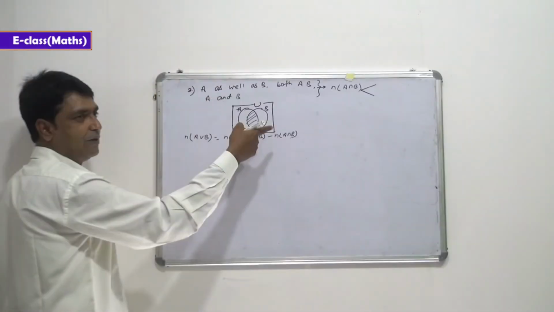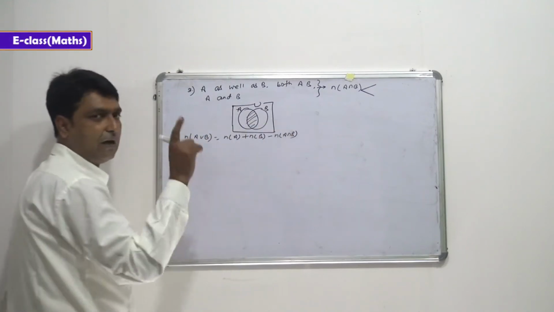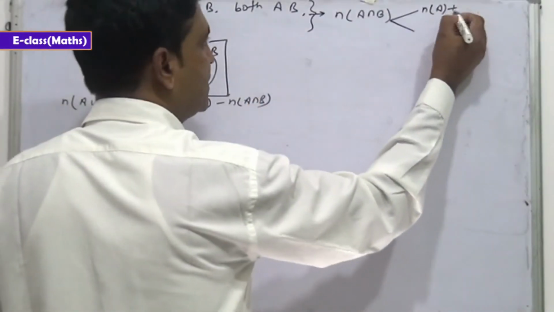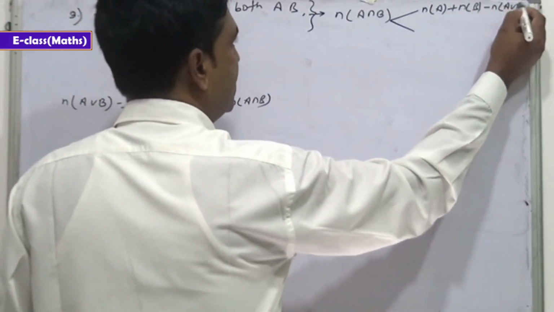One formula can you write from here? Shift this term toward LHS and this term toward RHS. Obviously this becomes n(A) plus n(B) minus n(A union B).